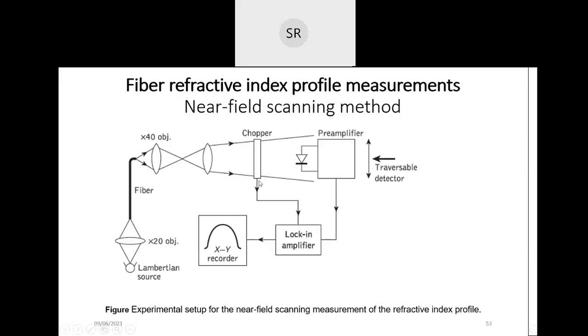The role of the chopper is that it is phase sensitive, and it will plot the amplified signal on this XY recorder, so we get directly the refractive index profile of your optical fiber.